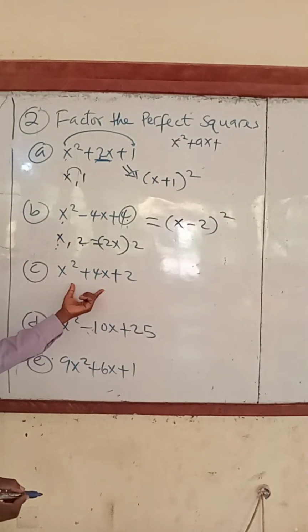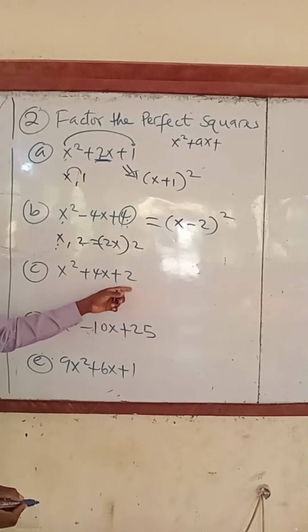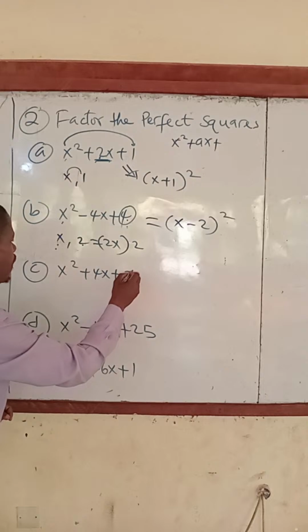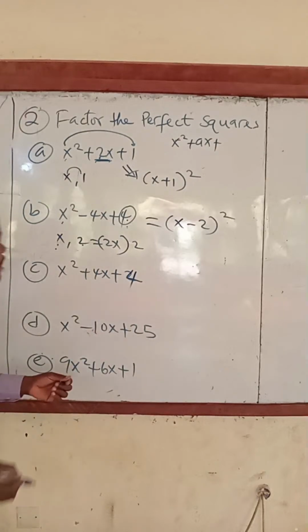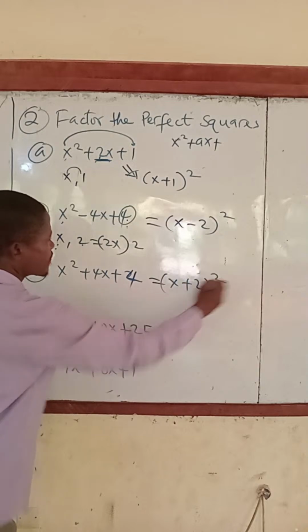This one, this is 2 squared. This one must be a multiple. This should be 4. So this will be equal to x plus 2 squared.